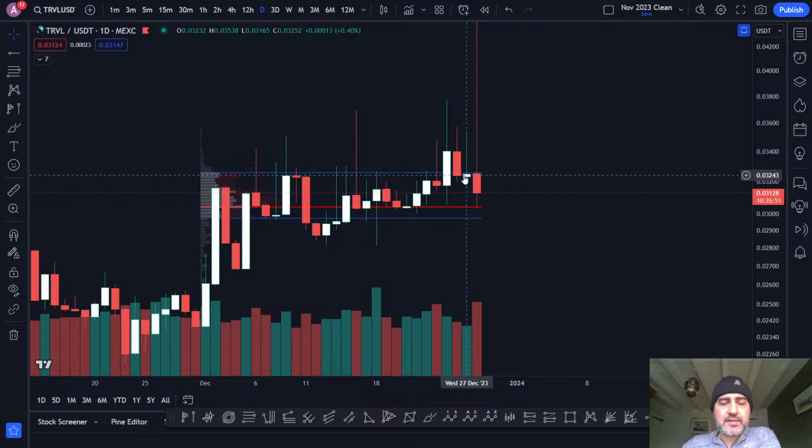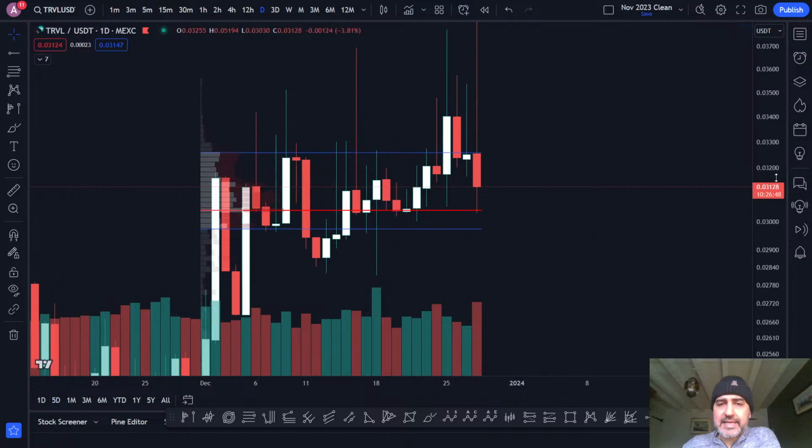On the daily time frame, it's a green hammer. It didn't close above the value area high on the daily. So even though on the lower time frame it does, on the daily it doesn't. So we haven't actually closed above the value area high.